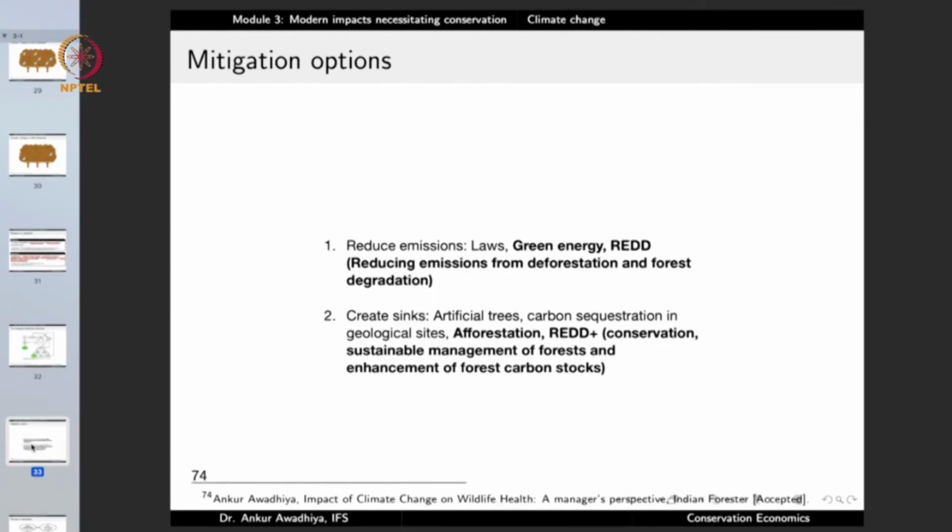To reduce emissions, we can come up with laws. So, for instance, the government might say that any vehicle that has a fuel efficiency less than a prescribed limit will no longer be permitted to be manufactured. So in this case, we are using a law to mitigate climate change by not allowing the production of those vehicles that are fuel inefficient.